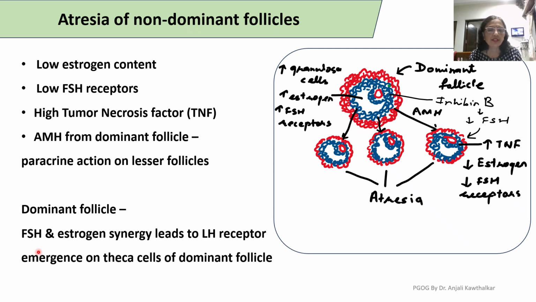The dominant follicle has FSH and estrogen synergy, and this synergy leads to development of LH receptors also. There is LH receptor emergence on theca cells of the dominant follicle. So towards the end of the development of the dominant follicle, another action of FSH is the development of LH receptors on theca cells of the dominant follicle.